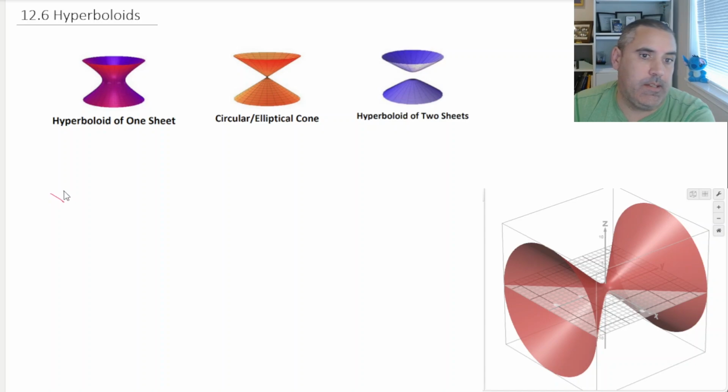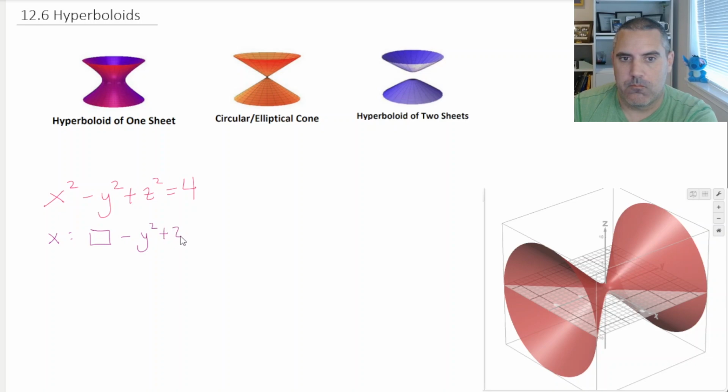So let's say I say x squared minus y squared plus z squared equals 4. You can do the same thing we talked about before, which is if you fix x, in other words, if you pretend that this is a constant, you could identify the name of that 2D graph.